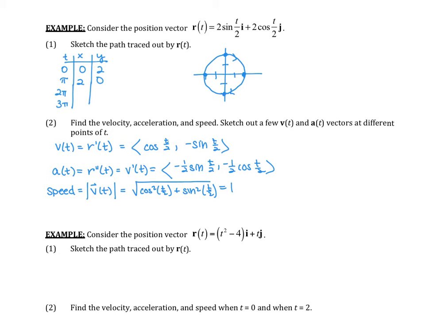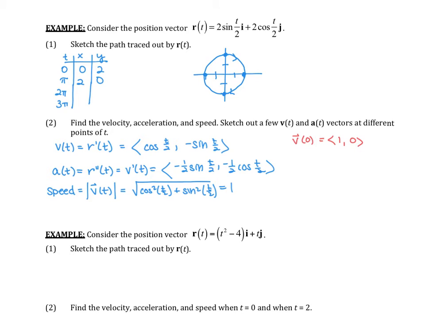All right, well, it asks us to sketch out a few v of t and a of t. So I'm going to do those in a different color. We'll do velocity in red. And let's look at what the velocity is when t equals 0. Well, when t equals 0, I would have the cosine of 0, which is 1, and the sine of 0, which is 0.